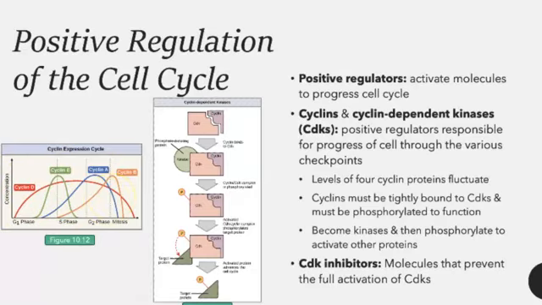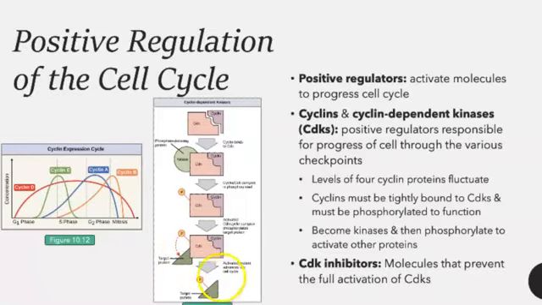Our cyclins are going to bind tightly with the CDKs. And once activated, this cyclin-CDK complex is going to act like a switch, phosphorylating other proteins, which you can see taking place down over here, that are necessary for moving the cell into the next phase.